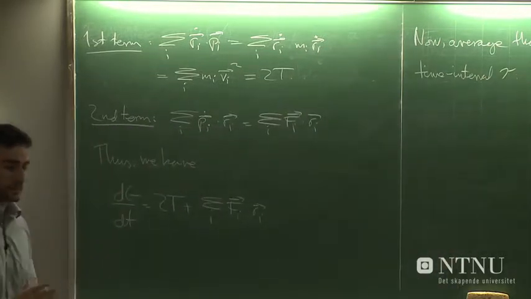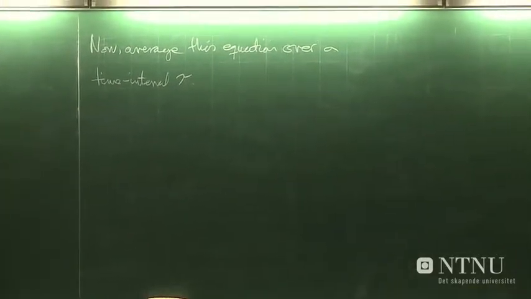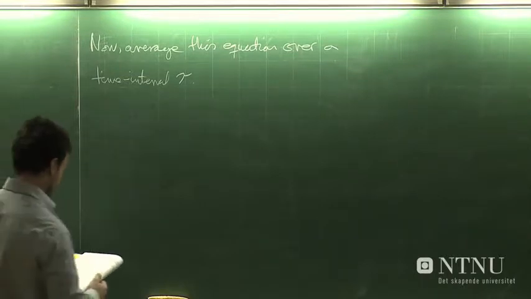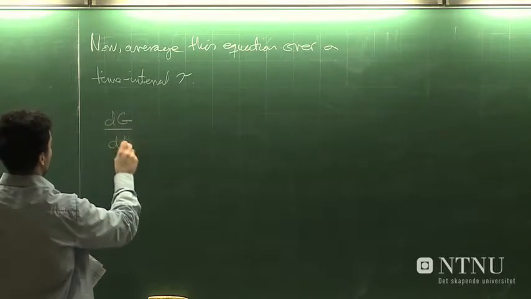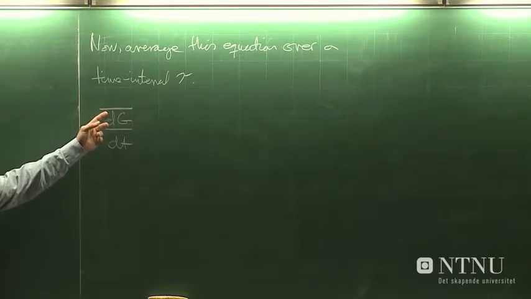Now, let's see what happens if we take this equation and average it over a time interval tau. I denote the time average by this overhead bar.